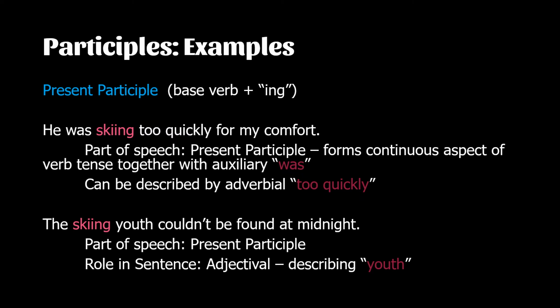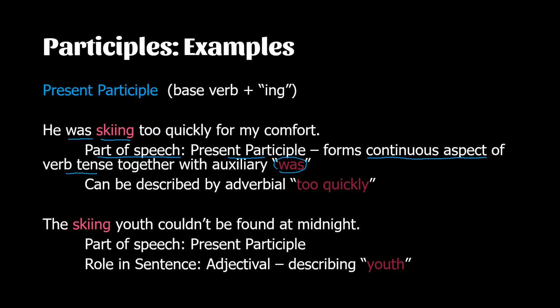So looking at present participles, remember that they look exactly like gerunds. And in fact, I used the same word, skiing, just to help highlight the differences. So in this sentence, the part of speech is the present participle, and its function is to show the continuous aspect of the verb tense, together with the auxiliary was.